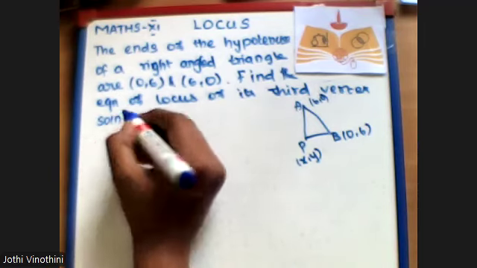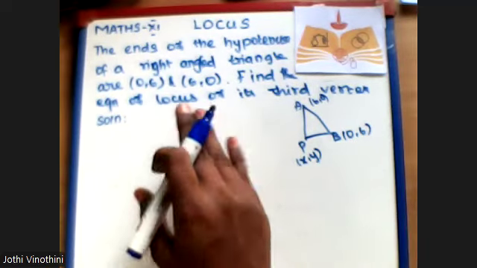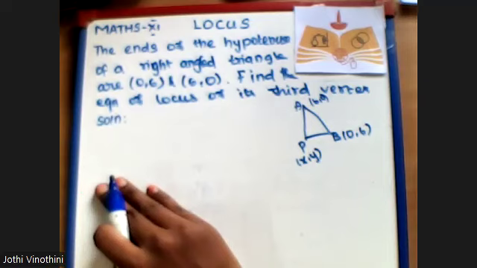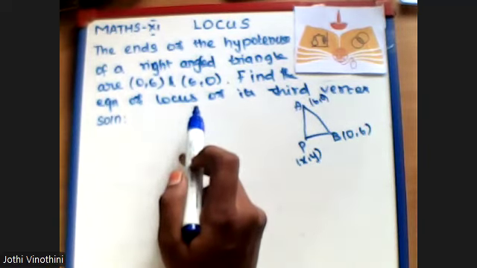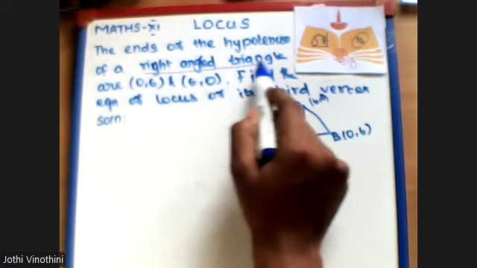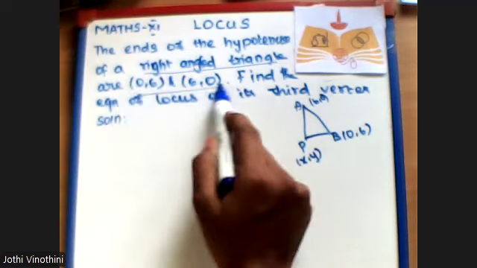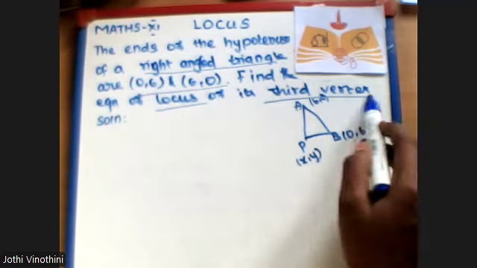Solution. Before I start to solve the problem, kindly remember this. This problem is the same as the previous problem, but they gave the entire question in a slightly different format. But what we have to know is that it is a right angle triangle. They have given us 2 points, then they ask us to find the locus of the third vertex.